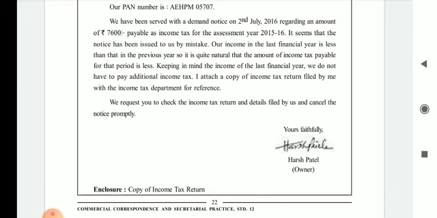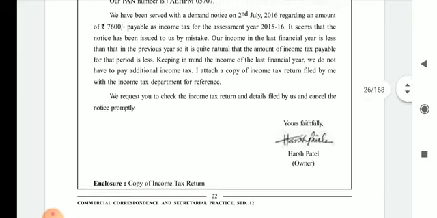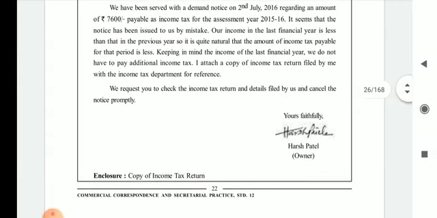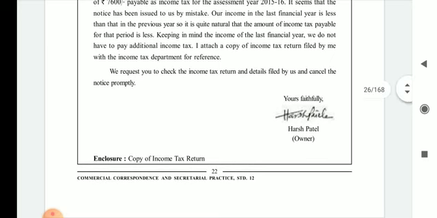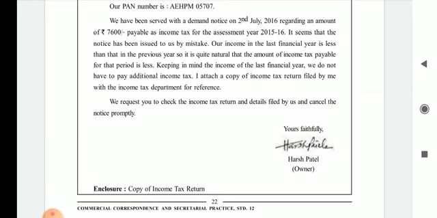They are not liable to pay a single rupee of tax because the income is already quite low. Keeping in mind the income of the financial year, we do not have to pay additional income tax. See, here they mention that keeping in mind that the income of the last year is quite low, they are not liable to pay a single rupee of tax.